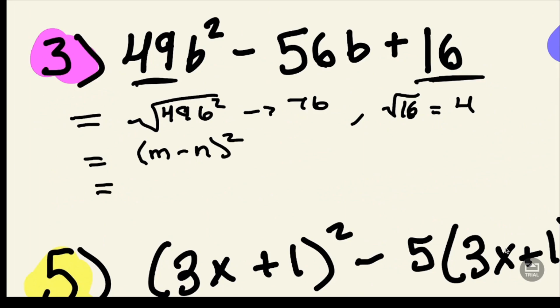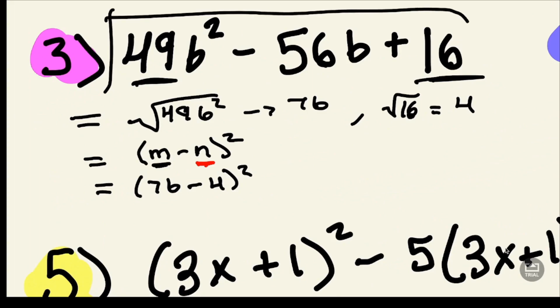And remember, m would be the root of 49b squared, and n would be the root of 16. And then basically that would just be 7b minus 4 squared. If you were to distribute this out, you would get your original equation given to factor.